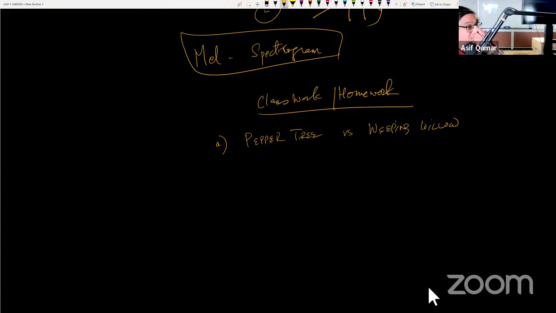Be careful, don't use copyrighted images. And standardize the image to some size, let's say 224 pixels, or you can make it 512 by 512. Pick some standardized size, doesn't matter.